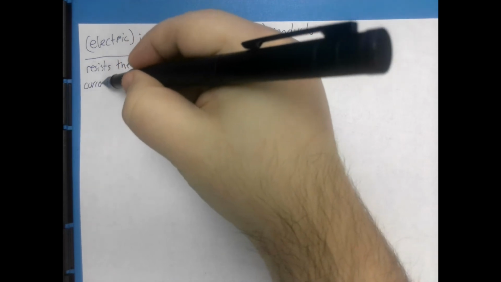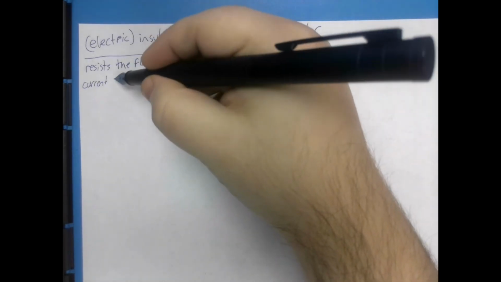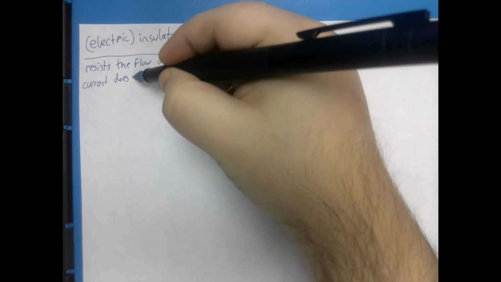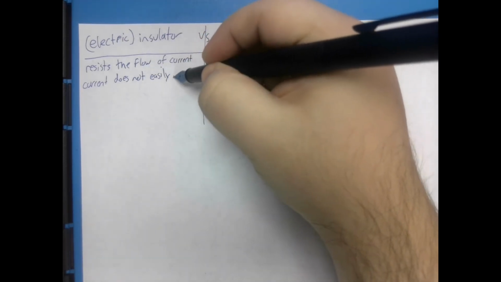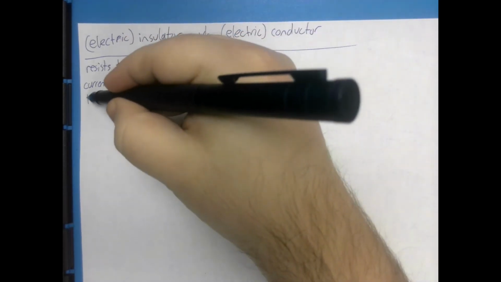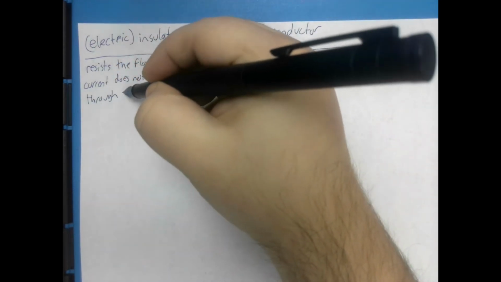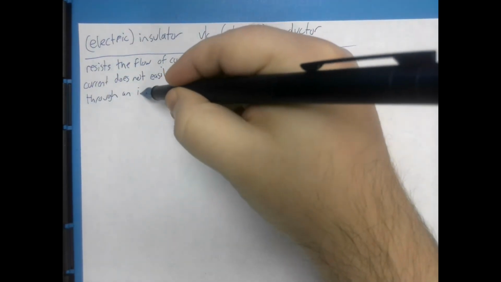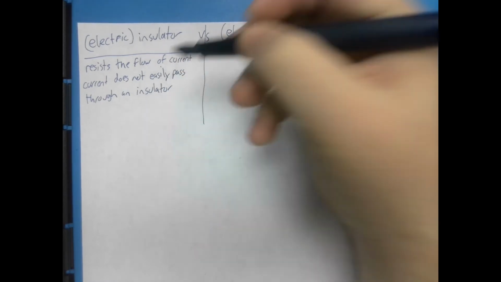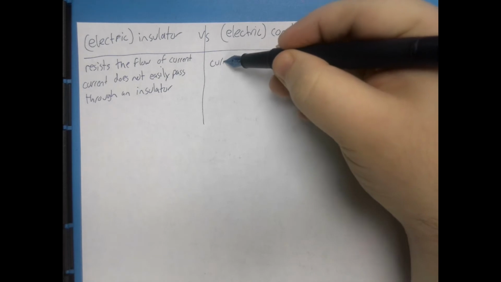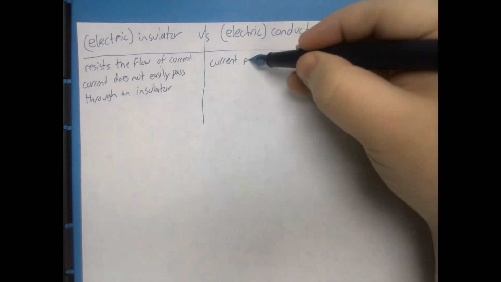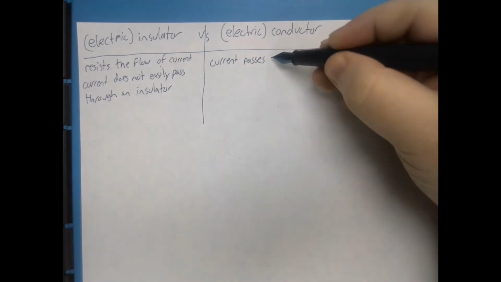Current does not pass easily through it. Whereas a conductor is one where current passes easily through it.